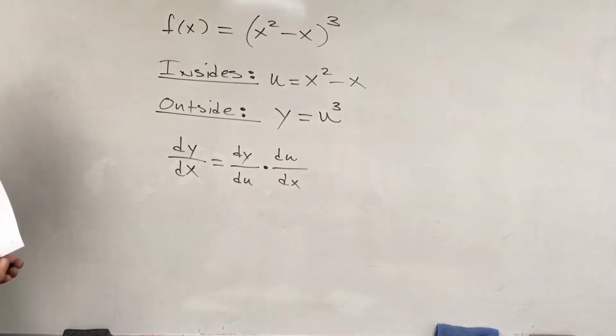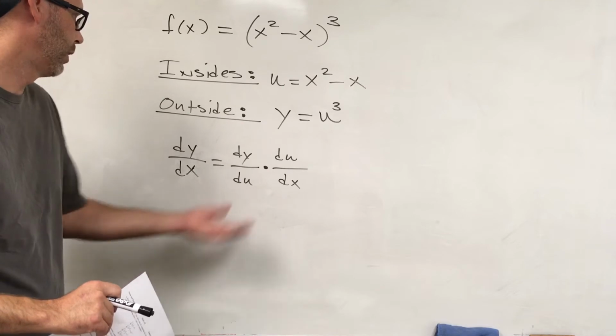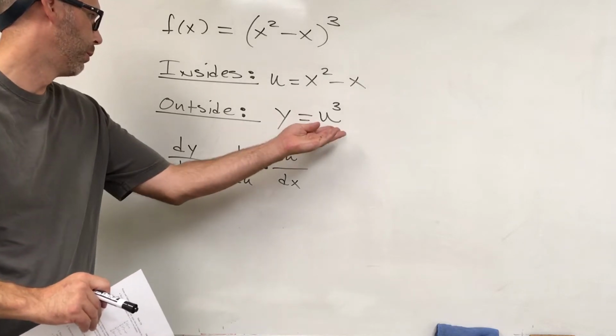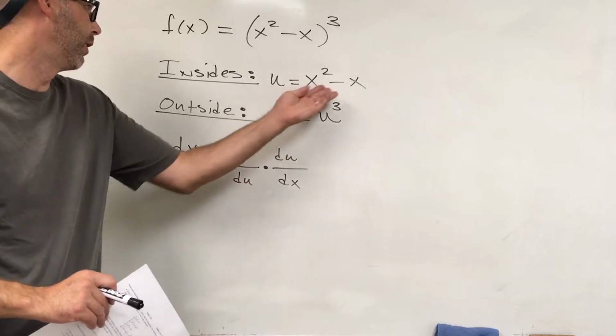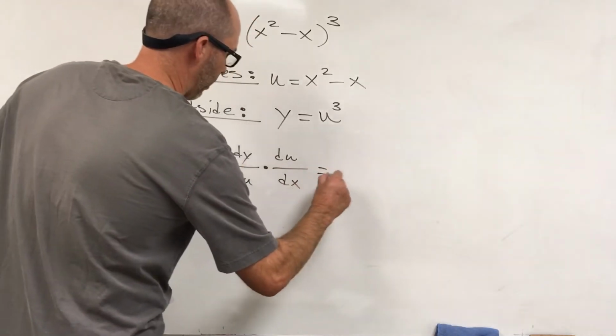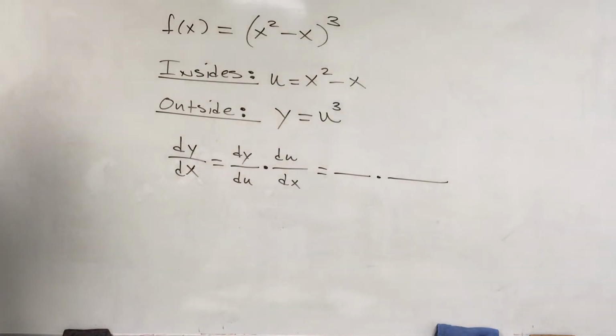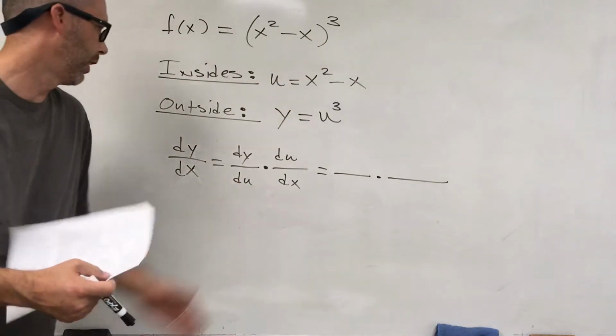Okay, so it's the derivative of this guy with respect to u times the derivative of this guy with respect to x. Okay, so now you're leaving a little space for each of these guys here.